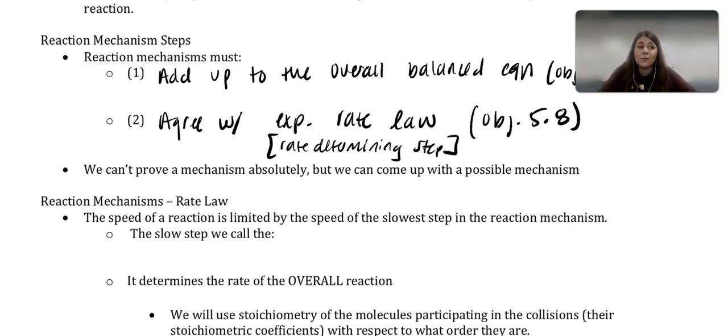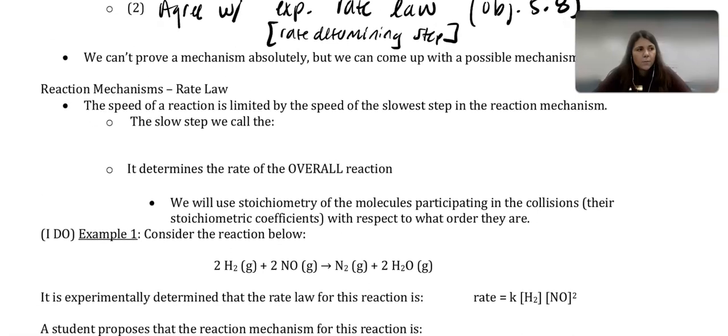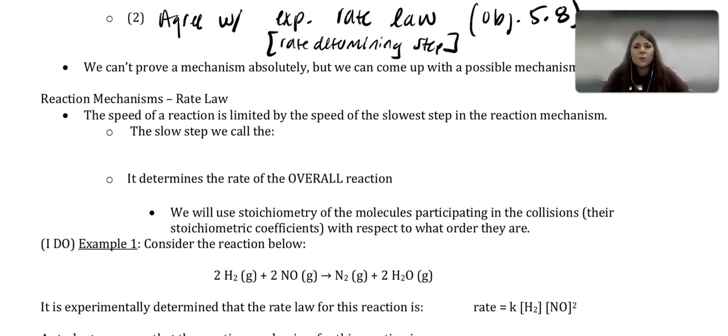So sometimes it comes down to theory. Now, reaction mechanisms and the rate law. The speed of a reaction is limited by the speed of the slowest step. This will be the step with the greatest activation energy, which will come up shortly in the next couple of objectives. This slow step we call the rate determining step.